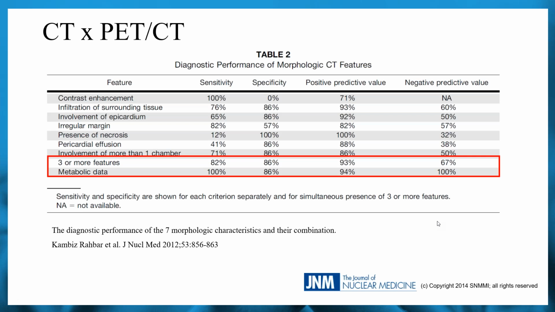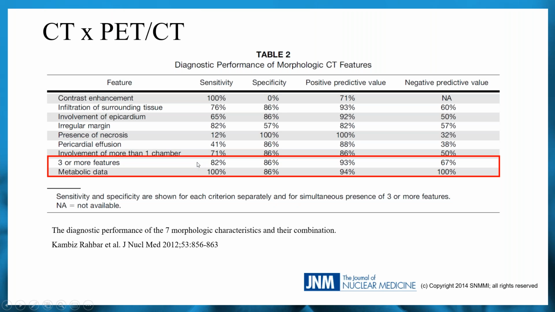So to the computed tomography, using only the diagnostic performance of the morphologic features of the computed tomography, we can see here each feature alone and its performance, and here the 3 or more features which was able to classify the tumor as malignant or not using only the computed tomography.